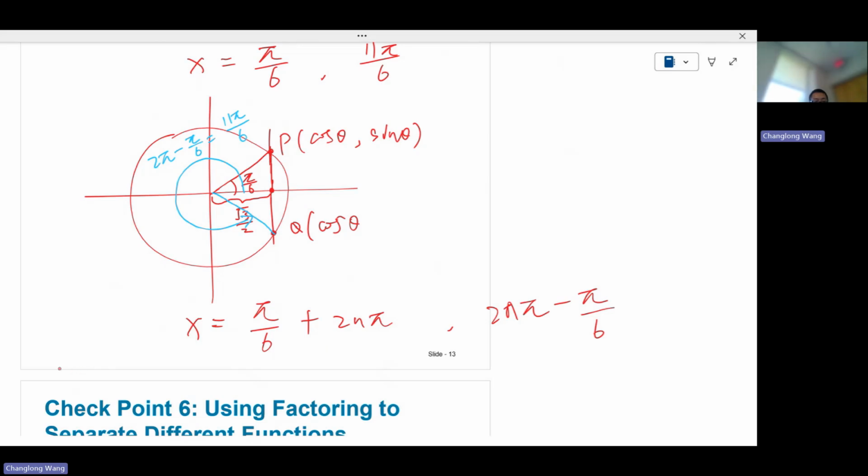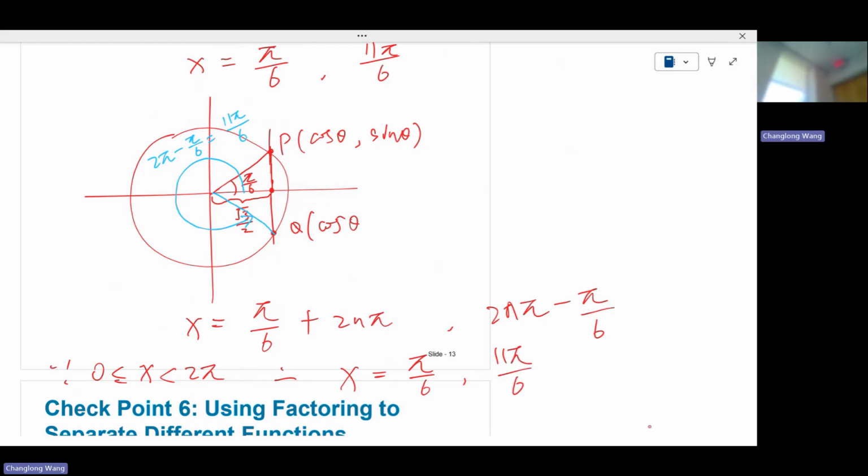So in order to make sure that x is in a range of 0 to 2 pi, the only two angles we're going to pick will be pi over 6 and 11 pi over 6. Okay.